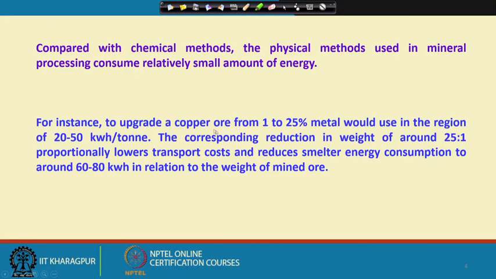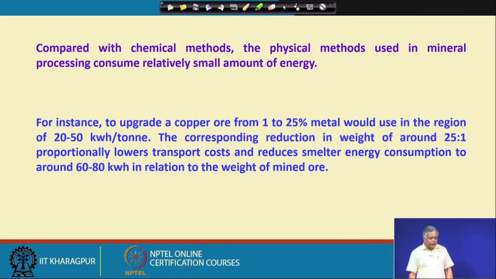Now, what I was trying to talk about, reducing the burden of what you are transporting, I will put some numbers. To upgrade a copper ore from 1 to 25% metal would use in the region of 20 to 50 kilowatt hour per ton of energy with the existing technologies focusing more on physical property differences.